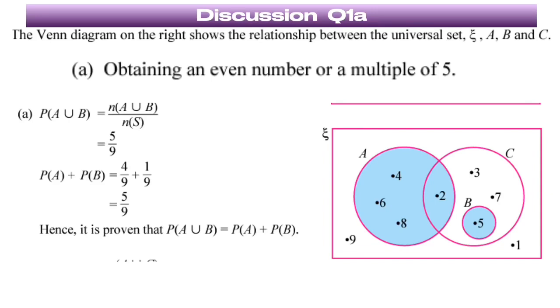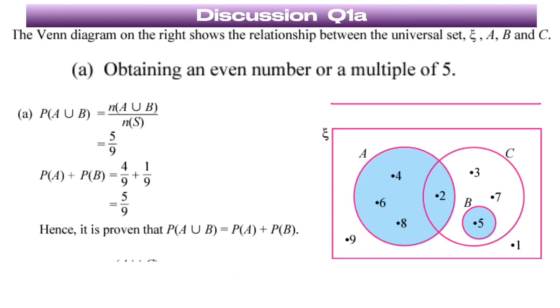And multiples of 5 we have 5 only, for set B. So the event to obtain an even number or multiple of 5 is written as P(A union B). So I highlight the A union B with blue color.